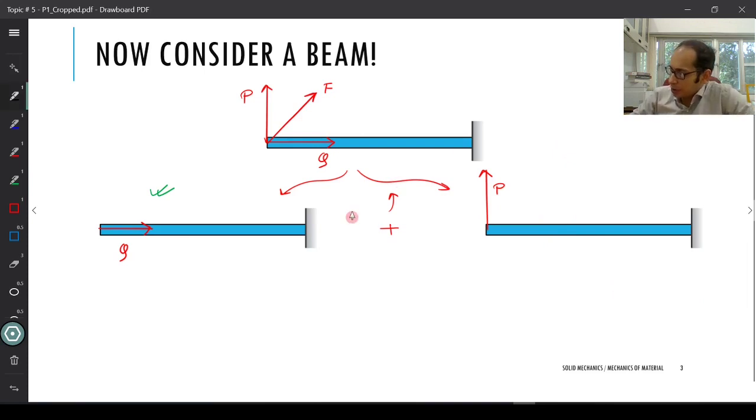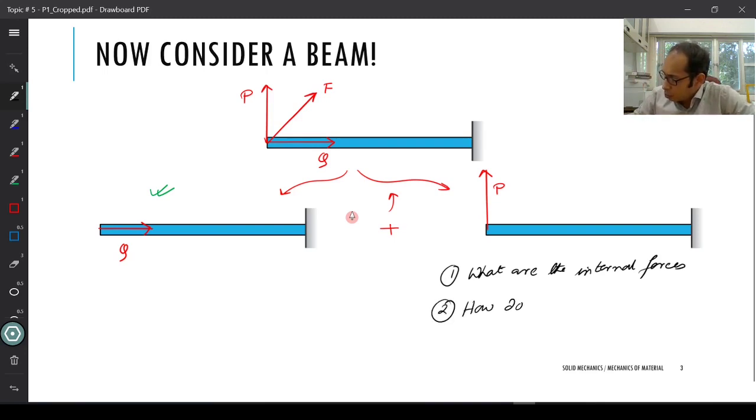The first question is, what are the internal forces? And the second question is, how do they vary?